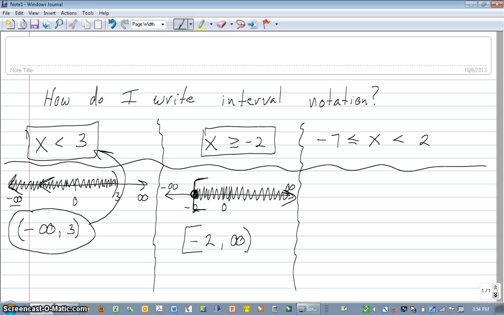Sometimes I get asked, why can't we put a bracket on infinity? Well, if you think about what the bracket means, it means this number is included. So you're at the -2, but you can't go to the left of -2. If there was a bracket at infinity, that would mean when you get to infinity, you stop. But that's kind of a contradiction. You can't get to infinity and then stop.